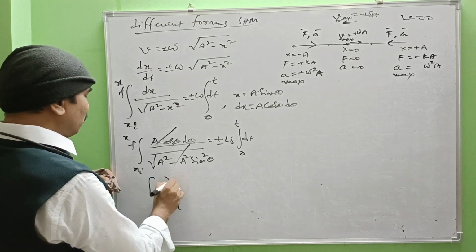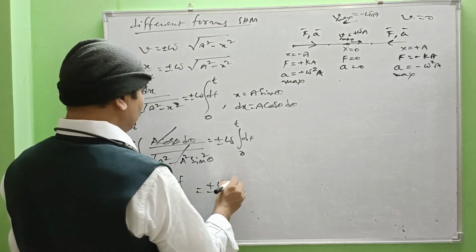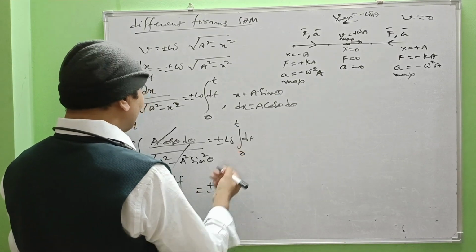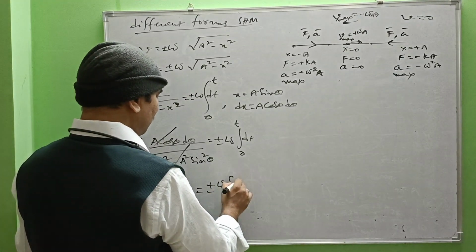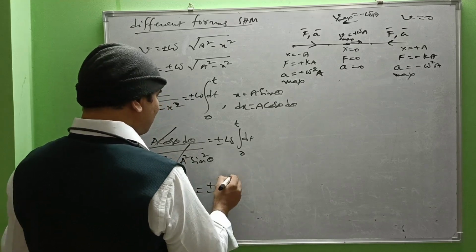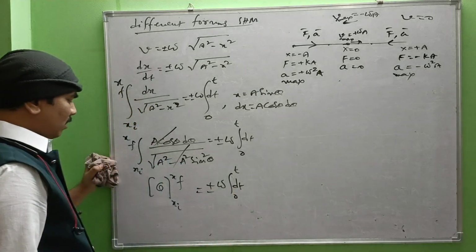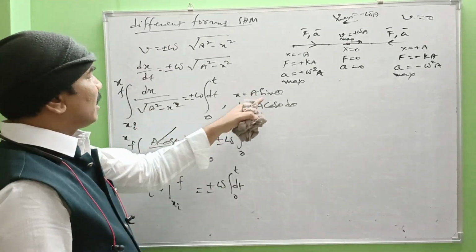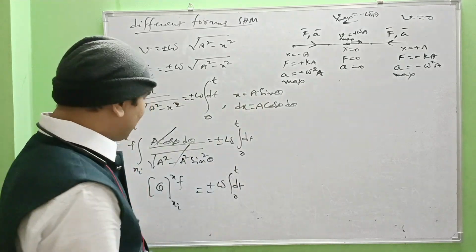Limits xi to xf equal to plus or minus omega into integral dt, and integral dt means t, that is integral dt from 0 to t, right? Now theta means what? x equal to a sin theta, so theta equal to sin inverse x by a, from this relation.